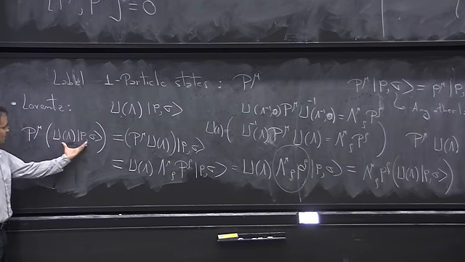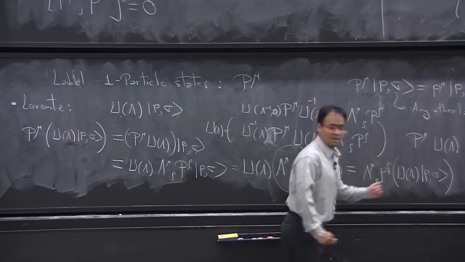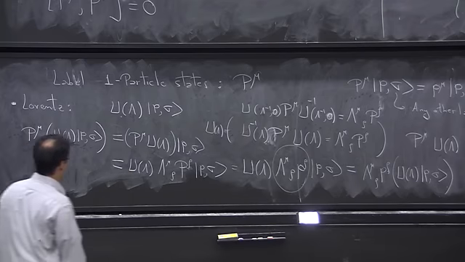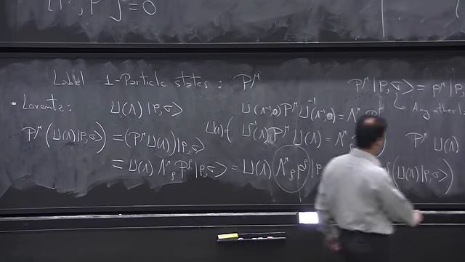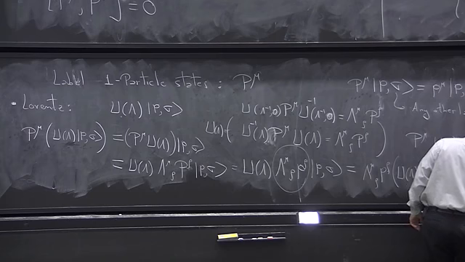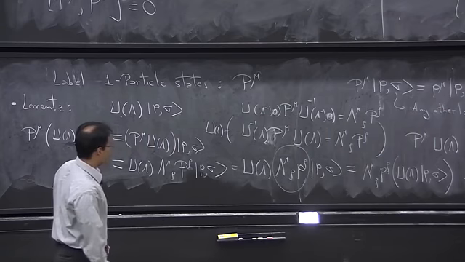So that means that this state, when you apply p mu to it, this is what you get. And therefore, the state is a state that has lambda p as the momentum label, right?